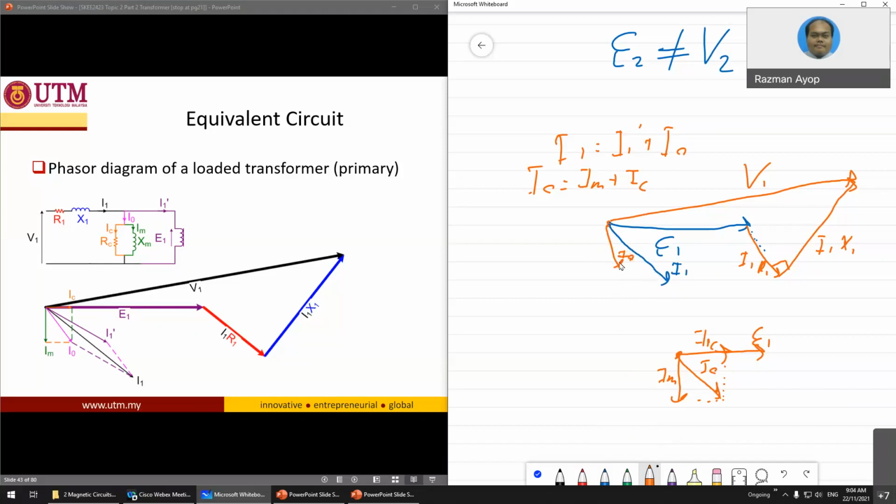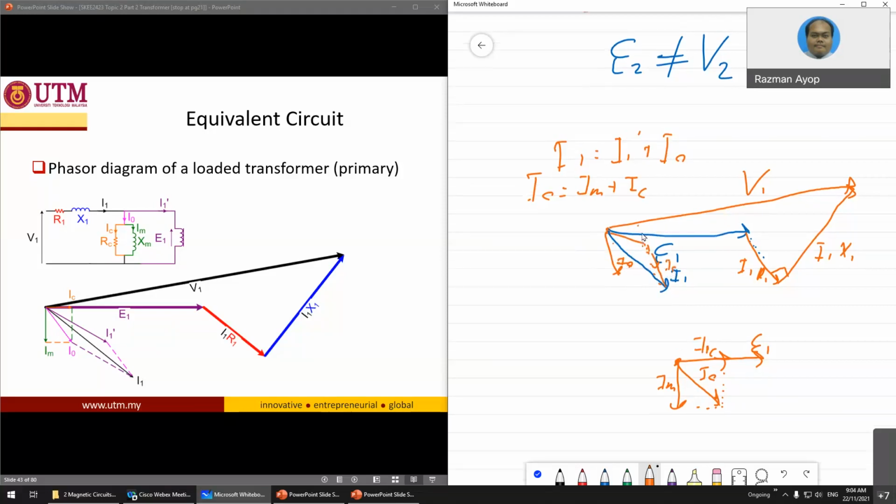This one I naught, I1. Basically this one transfers to here. This one is I naught, this one is I1. It's a little bit confusing, but try to understand this. This is the phasor diagram. This usually comes out in the theory, so make sure you understand how to draw the phasor diagram.